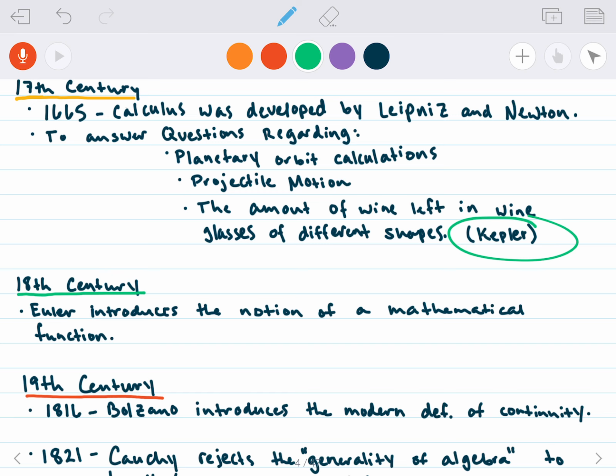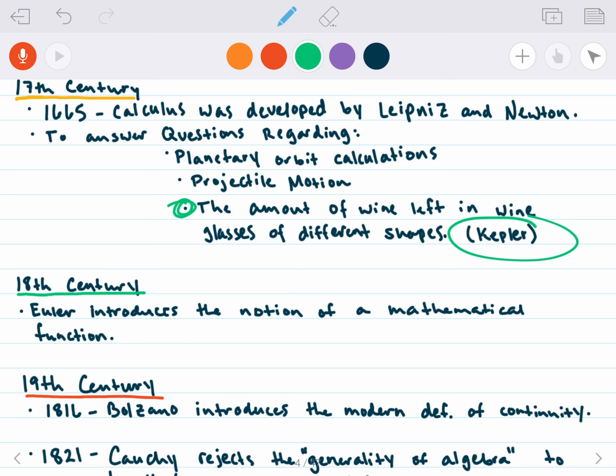This is regarding volumes of revolution. That's what we think of this question as, a volume problem. They had lots of questions about the physical nature of our world, and so calculus was developed to answer this.